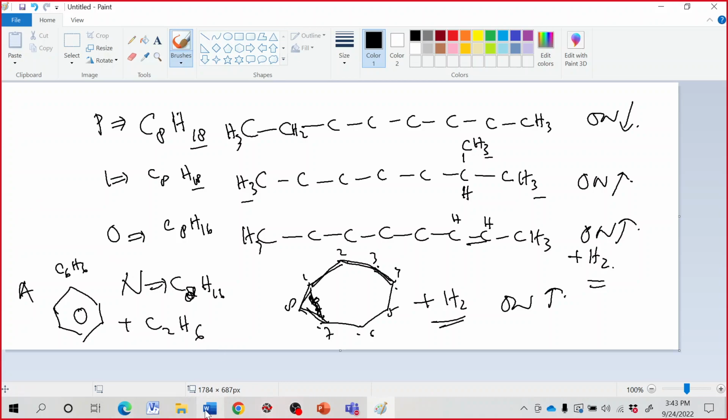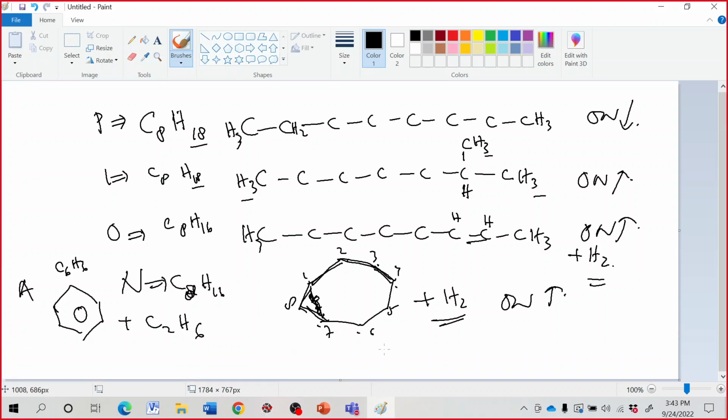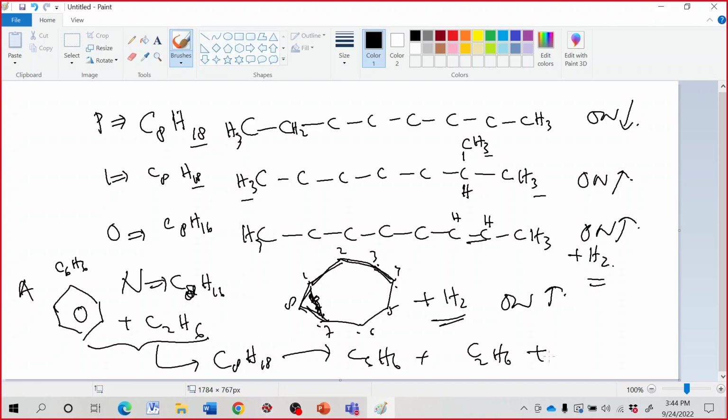Just to give you, because understanding this is very important in my opinion. So you have C8H18 coming in, and then you make aromatics. You make C6H6 plus C2H6. So how much is then your hydrogen? You have 6 over here, you have 6 over there. So you are left with another 6, which is 3 hydrogen.